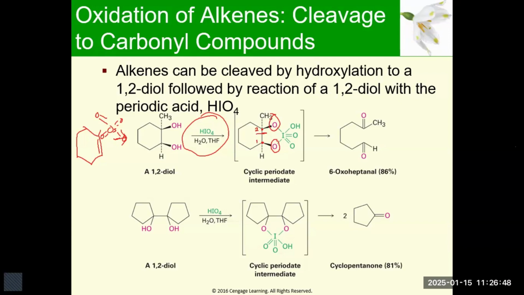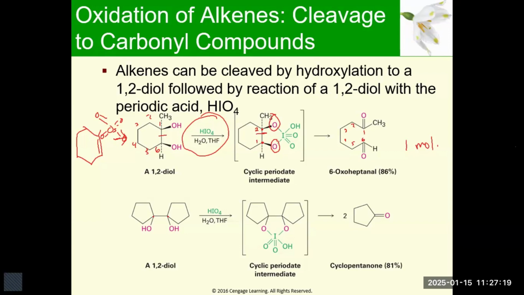And so let's look at this version of cleavage. So this time, the cleavage is in a ring. And so even though it cleaved, these compounds are still connected to each other from 1 to 6. So you still get only one molecule. Whereas in this case, these carbons are only connected by this one link.